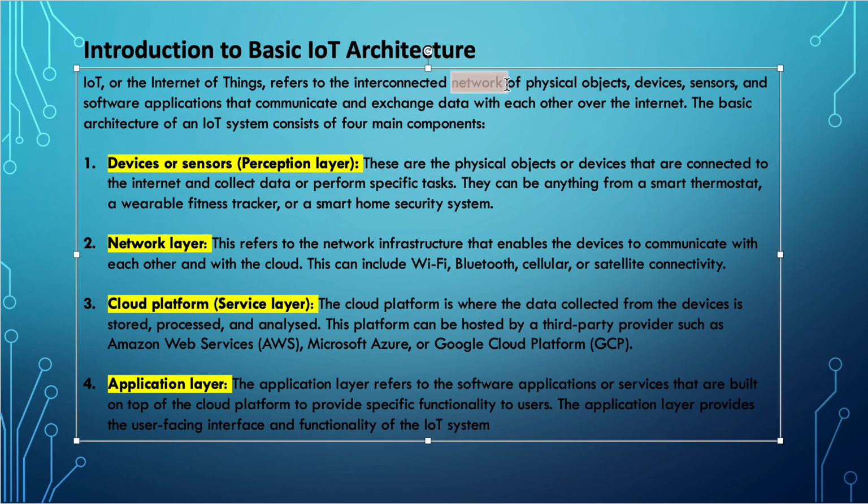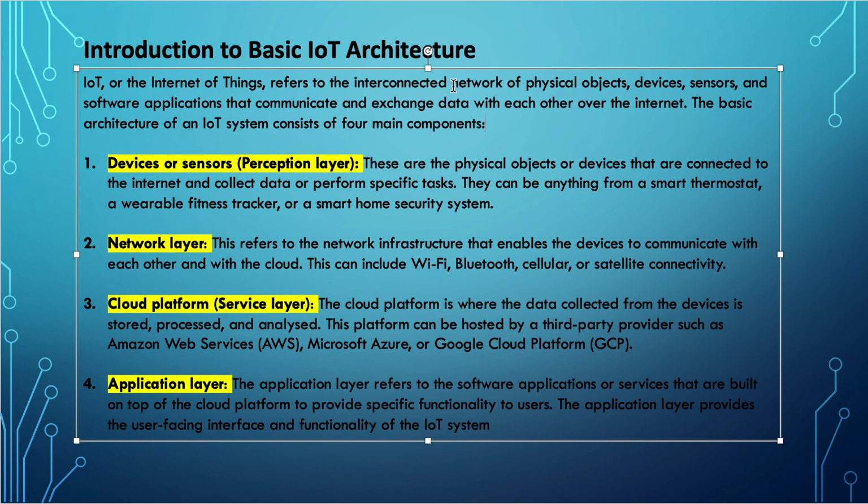It's a network of physical objects or devices, so there should be a mention of the hardware portion of it, and the networking of that hardware should be mentioned. That is a must, right? In the network itself, data and everything is communicated and processed. Of course, there will be software to facilitate the networking and processing and storage and so on. So again, the highlighting part is a network of physical objects.